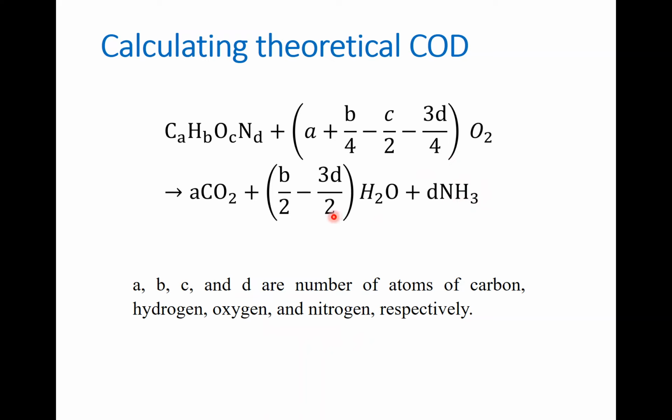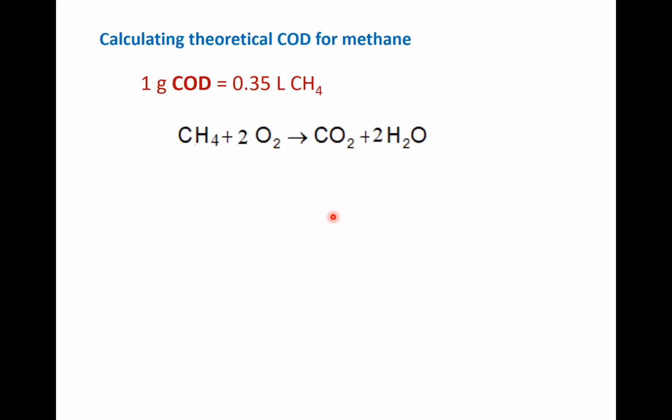This is really important because if I know the composition, I can just use this equation and get the amount of oxygen needed to oxidize the material completely to the final products, in this case carbon dioxide, water, and ammonia.